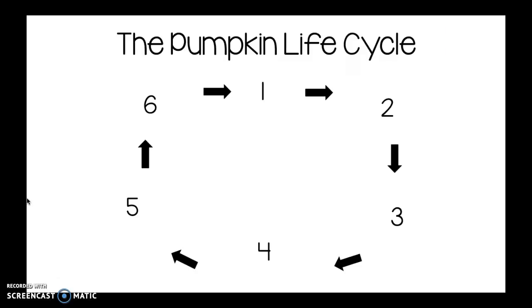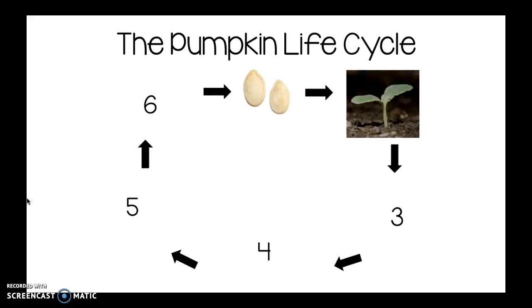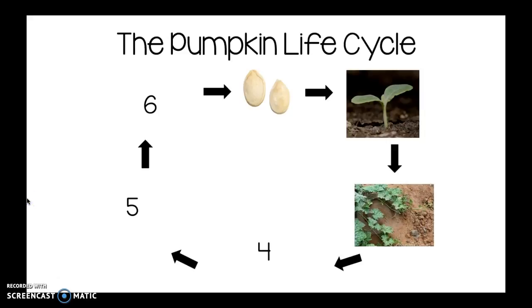Now, let's see if we can remember the life cycle of a pumpkin. There's 6 parts. Think about the first part. If you said seeds, you're correct. We plant the seeds and they grow into a sprout. Great job. The sprout grows and turns into what? If you said vine, that's correct.